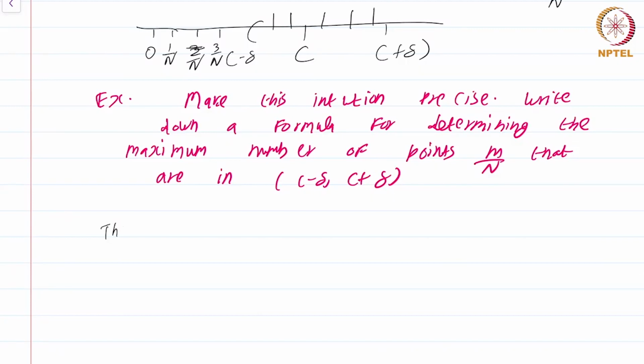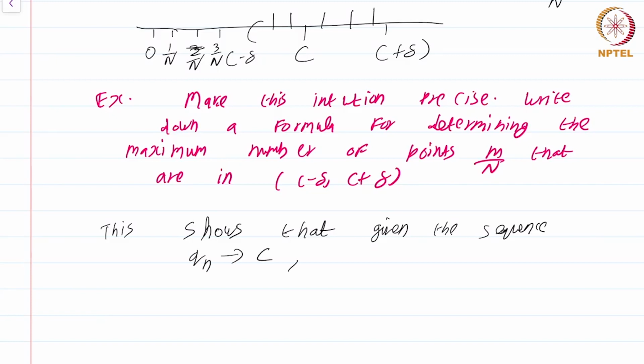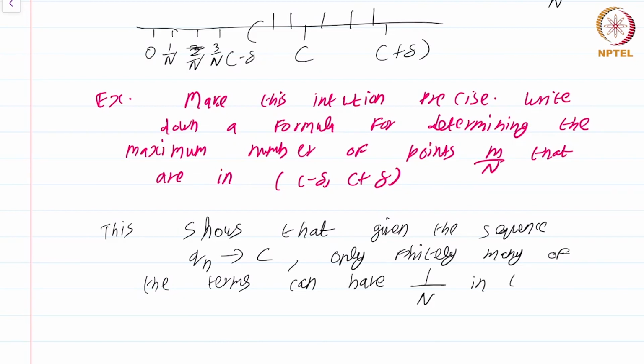Well, this shows that given the sequence Qn converging to C, only finitely many of the terms can have 1 by n in the denominator in the least form.